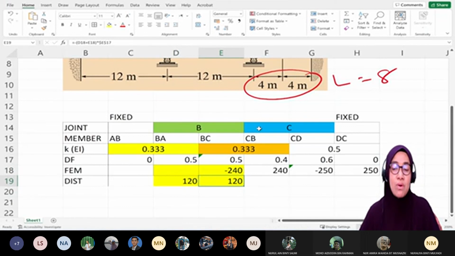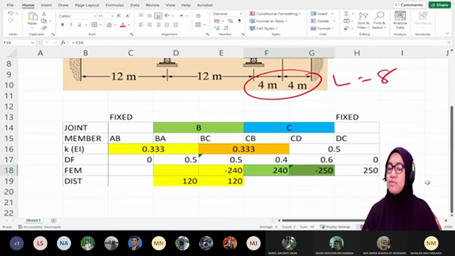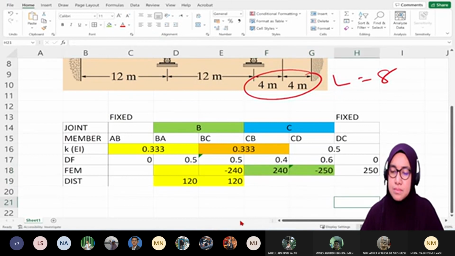For C, for join C. Join C, total moment at join C. 240. Okay, total moment at join C we get from this. Okay, join moment is 10 or negative 10. Totalkan dua-dua ni.